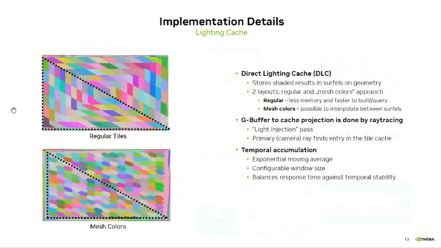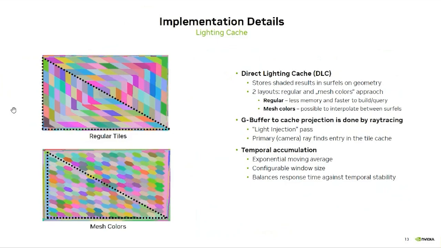So the LightingCache, let's first talk about how that is filled. We start by casting primary rays for the camera to figure out which entry in the LightingCache corresponds to a given pixel. And we use the same shading routine, same hit shader for secondary rays, because we only need to figure out the entry in the tile cache for each ray to fill it or to read from it.